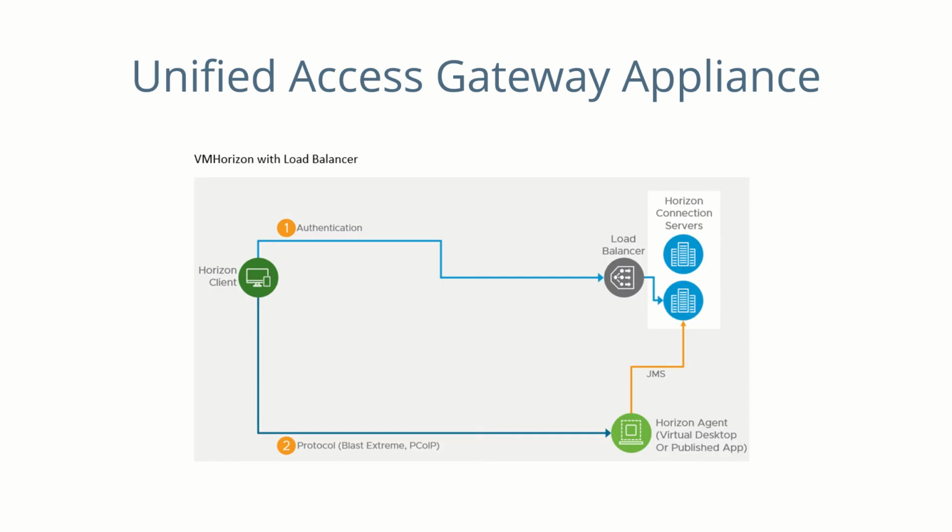Without UAG, we have a load balancer between the Horizon client and the Horizon connection servers, where the load balancer takes care of connecting the users to multiple connection servers based on the load.